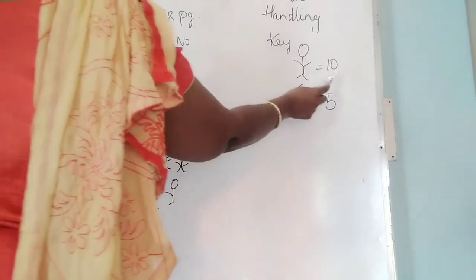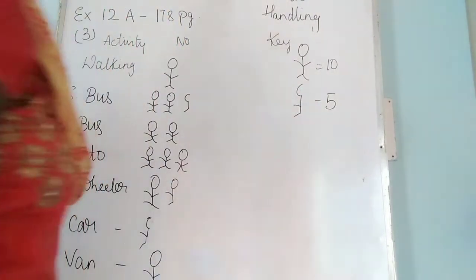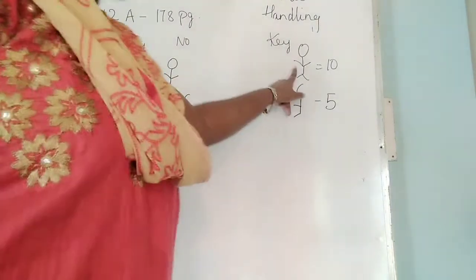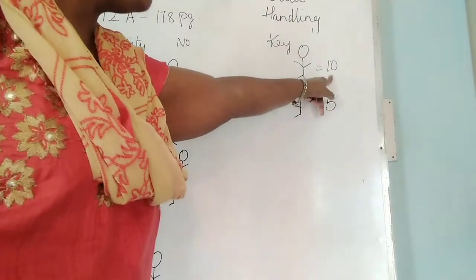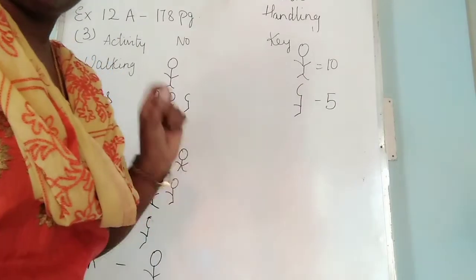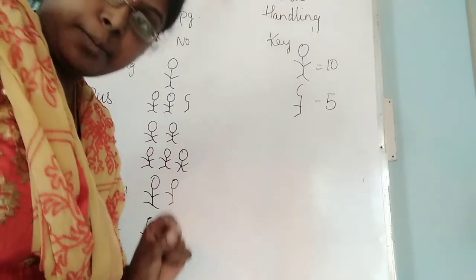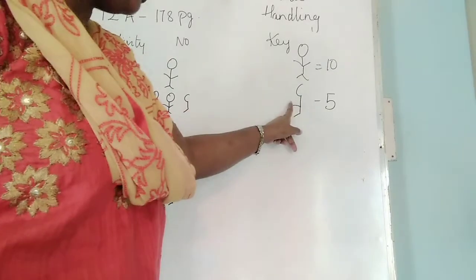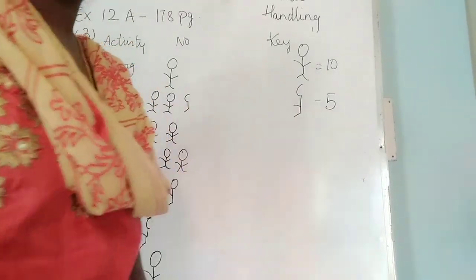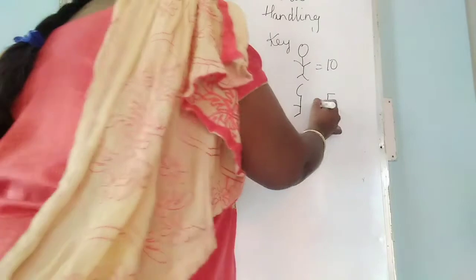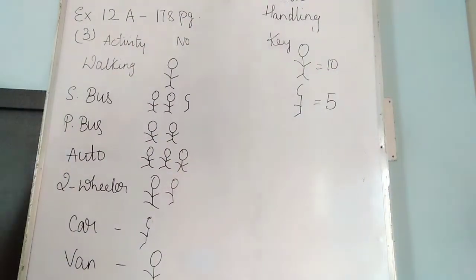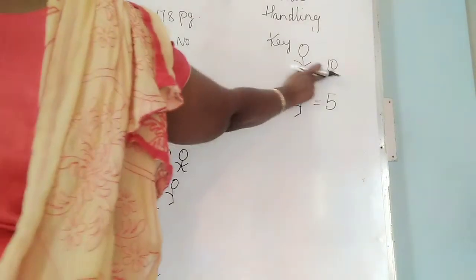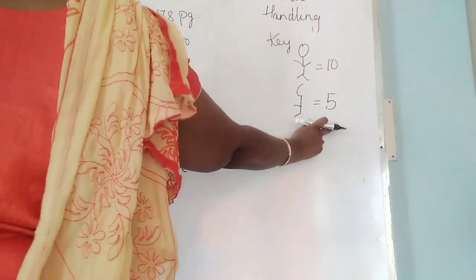One doll represents 10 students. If I draw one doll, I am representing 10 students. If it is a half doll, I represent 5 students. So your key is important. One doll is 10, half doll is 5.